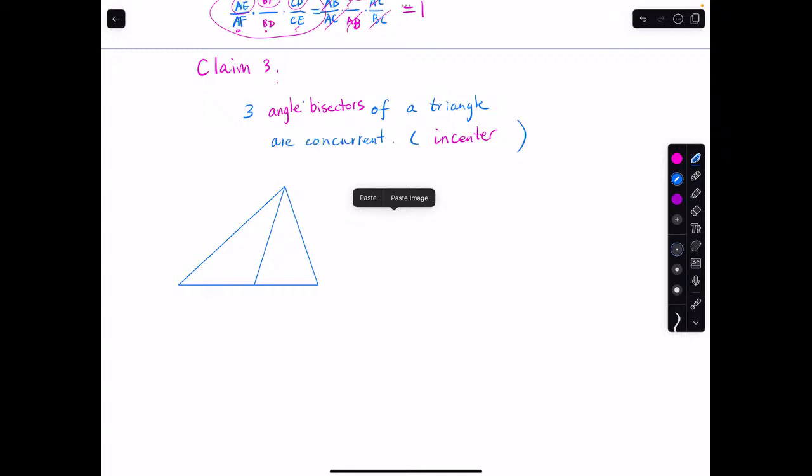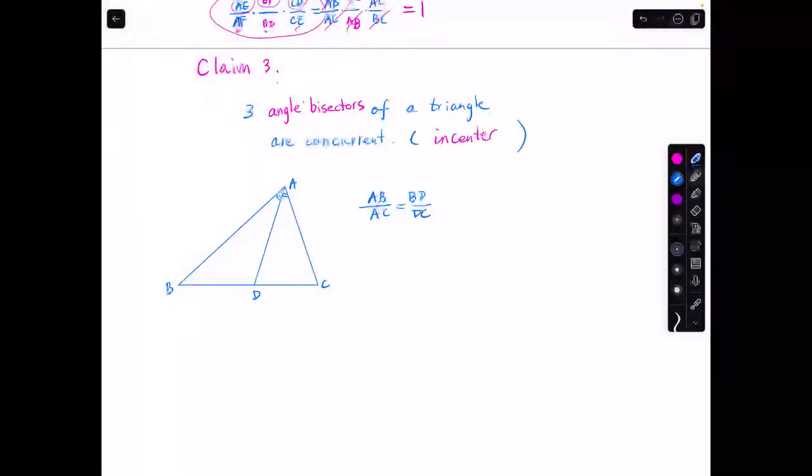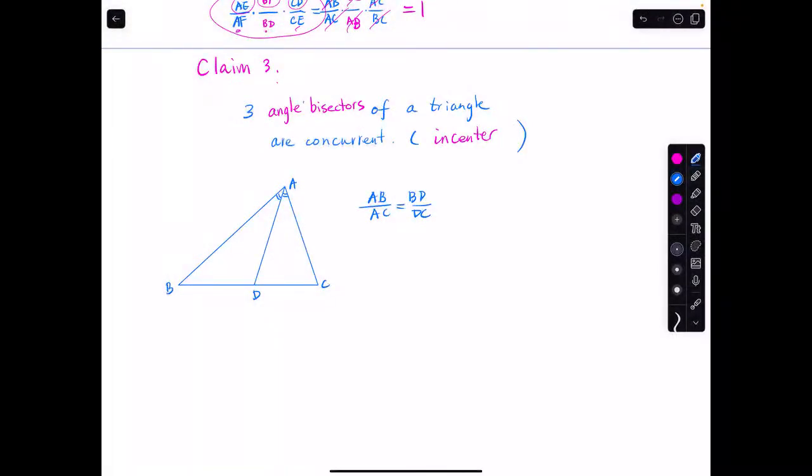An important property of angle bisector, let's say triangle ABC. If this is D and this is the angle bisector here, this angle is equal to the other. So there's an important property that AB over AC is equal to BD over DC. So if you have another angle bisector, for example, this is an angle bisector.